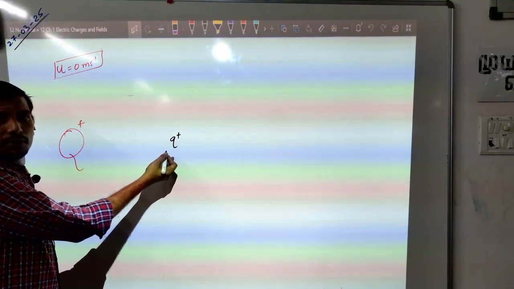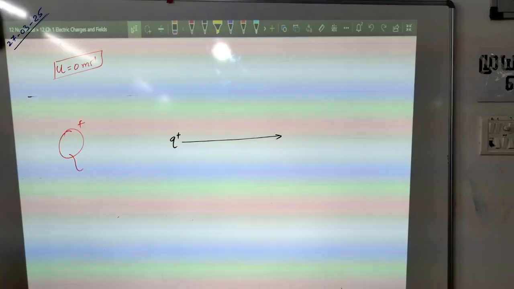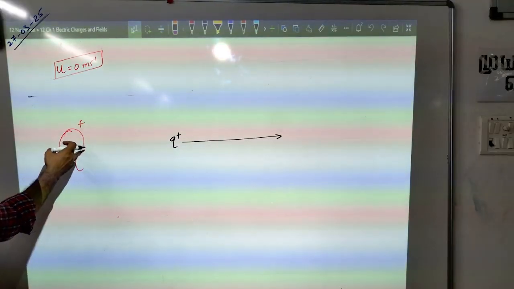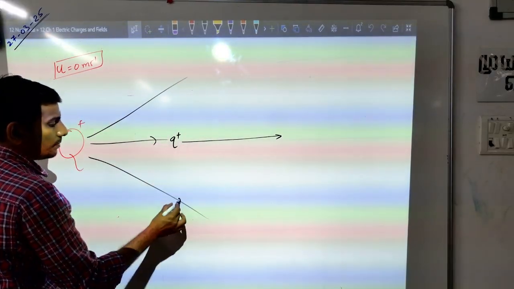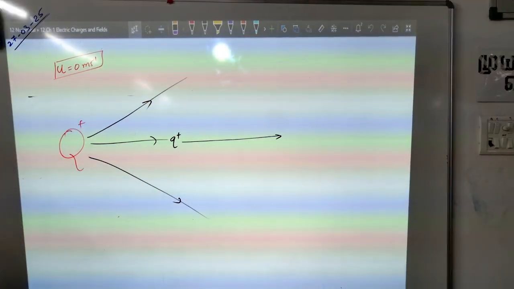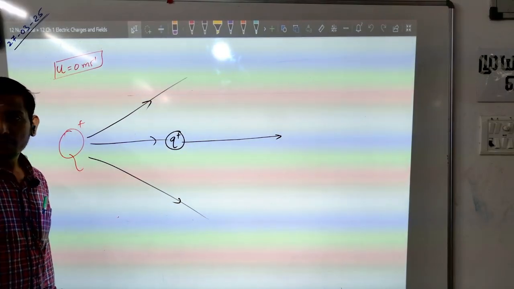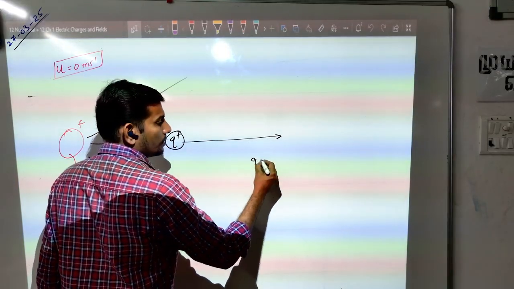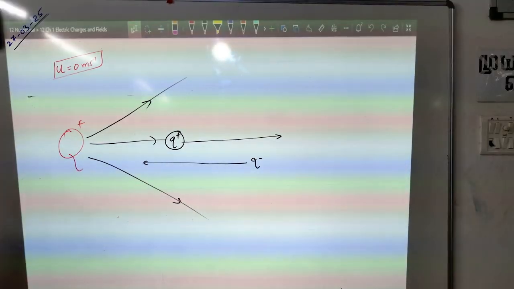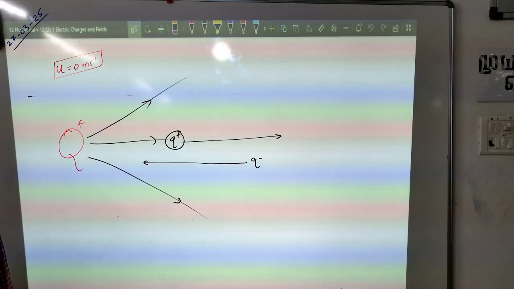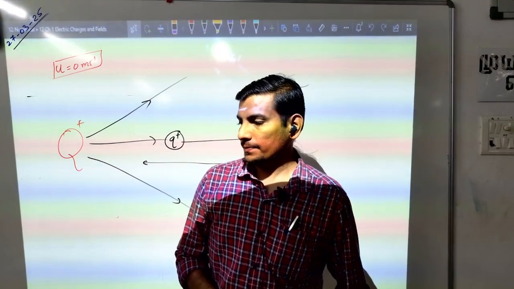What will happen to this one, sir? It will get repelled and it will try to travel in a straight line. Right or wrong? So the electric field due to this is a line. So you can say positive charges generally travel along the field line. Suppose you keep a negative charge, they move against the field line. So positive charges move along the field line and the negative charges move against the field line.